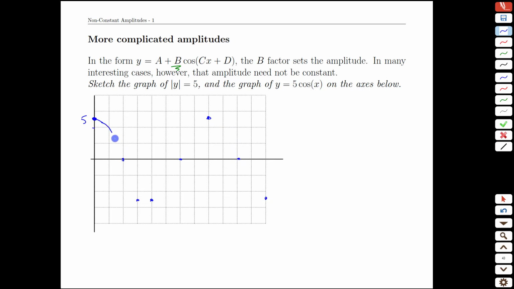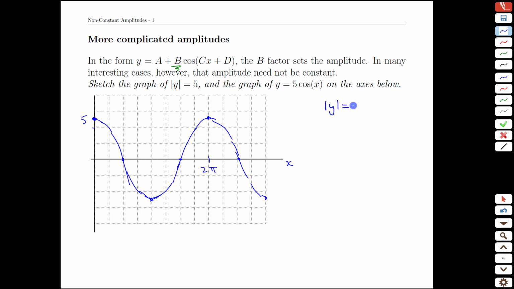And the graph will look like this. I'll get rid of that extra point, and we keep going. That's x, and because there are no horizontal transformations, the period is the natural period of the cosine graph, which is 2 pi.